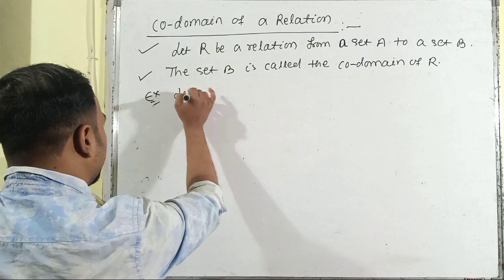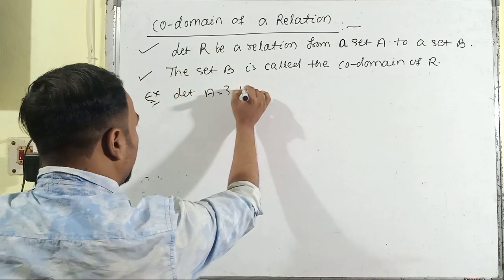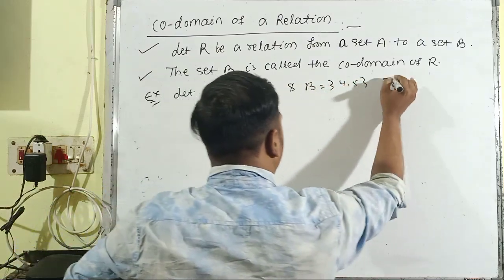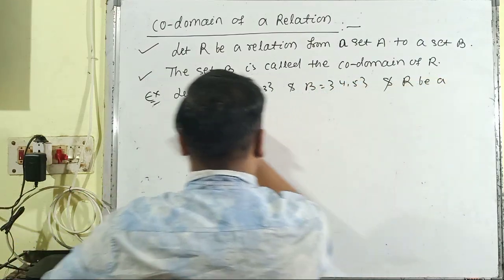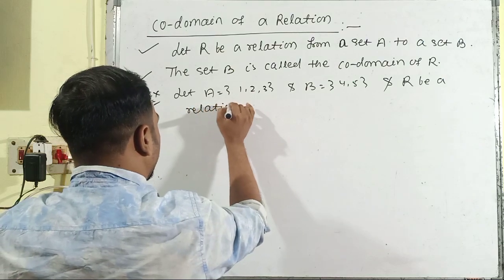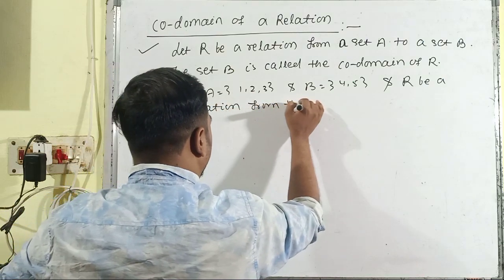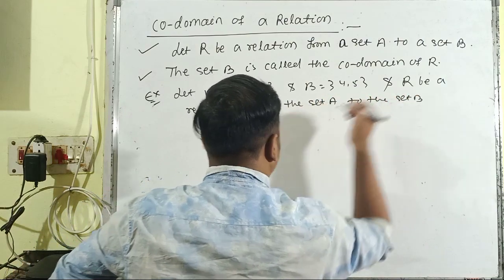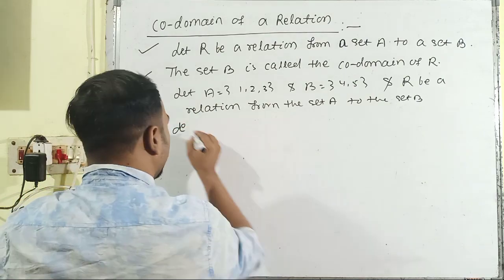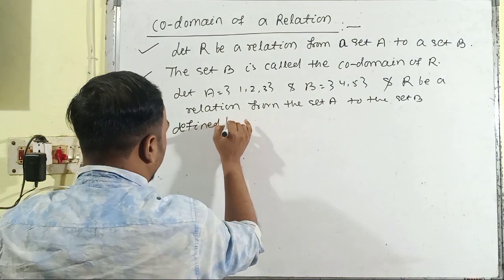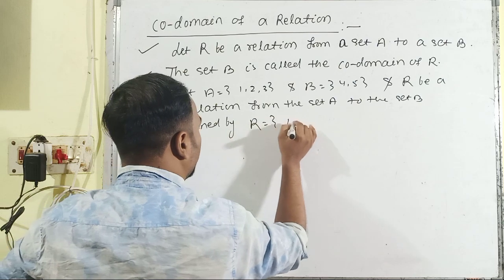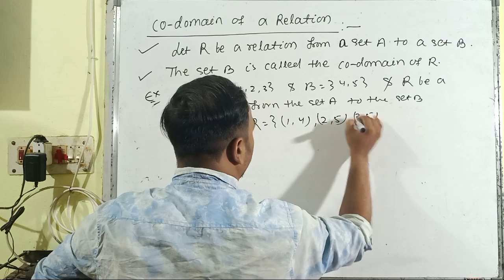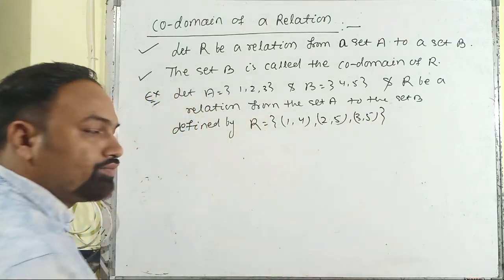Example: let the set A be {1, 2, 3} and the set B be {4, 5}, and R be a relation from the set A to the set B defined by R = {(1, 4), (2, 5), (3, 5)}.